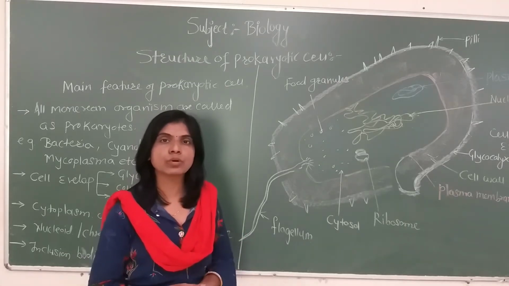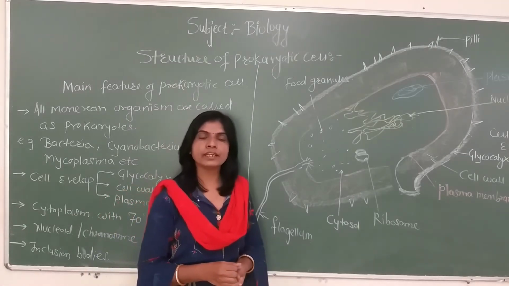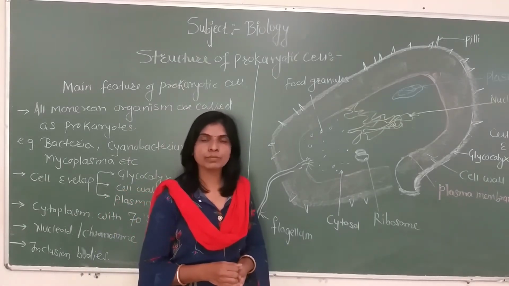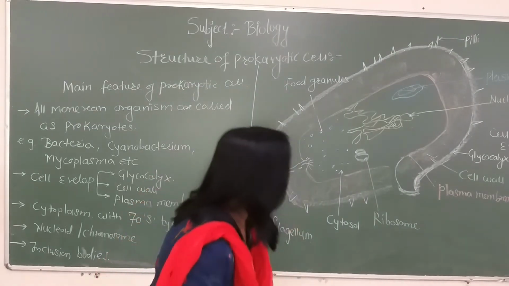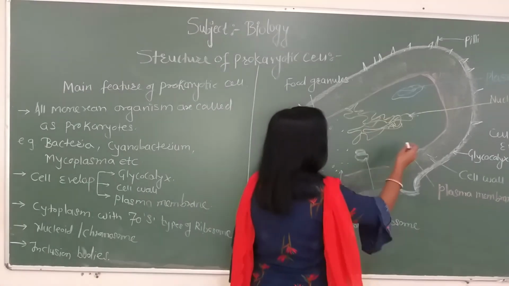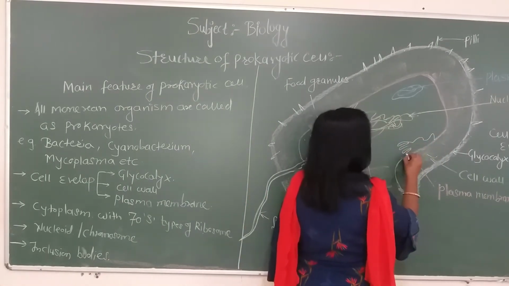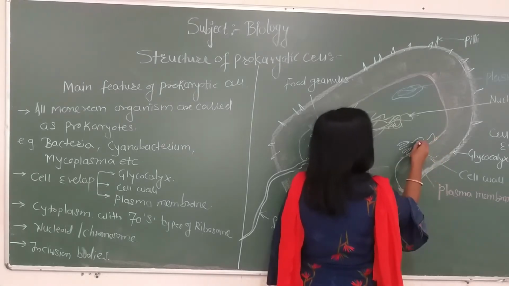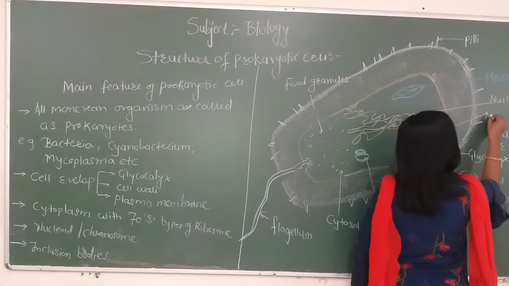Plasma membrane is also called cell membrane, and it is made up of phospholipids and proteins. It is a selectively permeable membrane. In the prokaryotic cell, when the plasma membrane undergoes infolding and has some enzymes, it is called mesosomes.